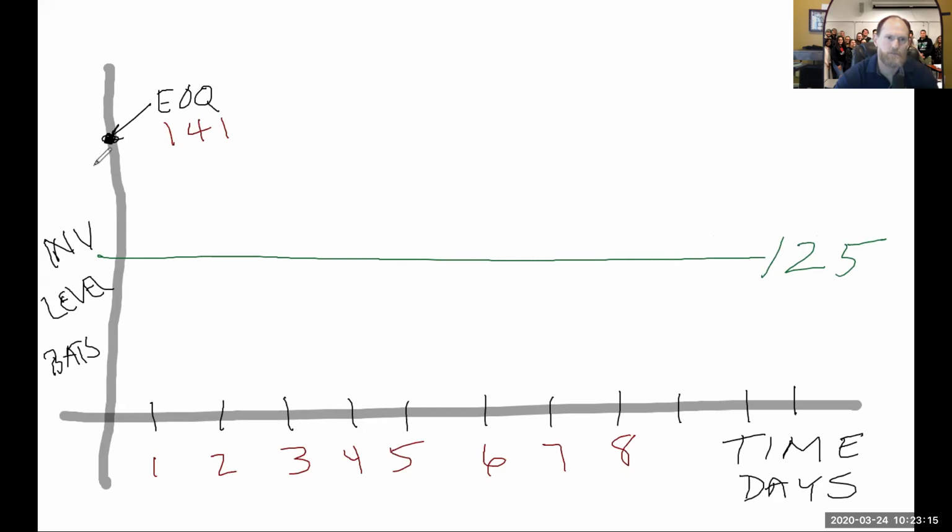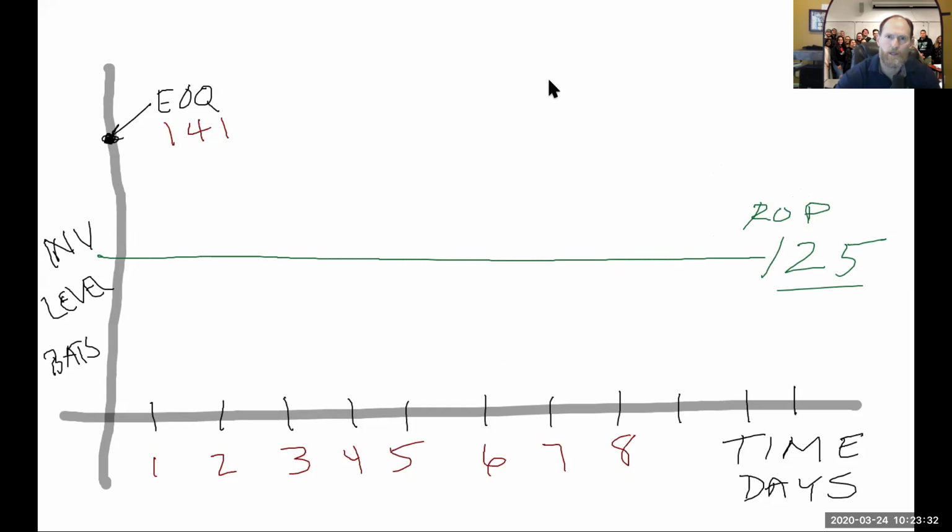And this is really not to scale, but we'll just roll with it. So that's our level. When we hit ROP, we need to reorder 141.